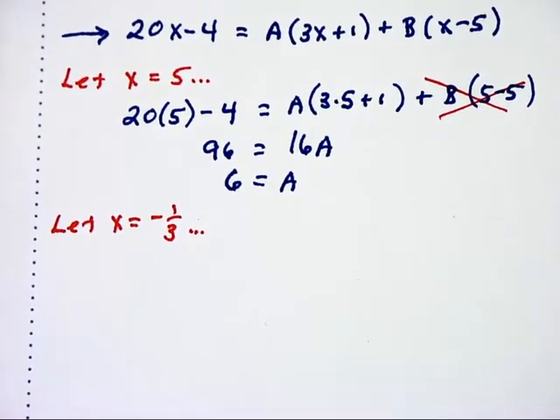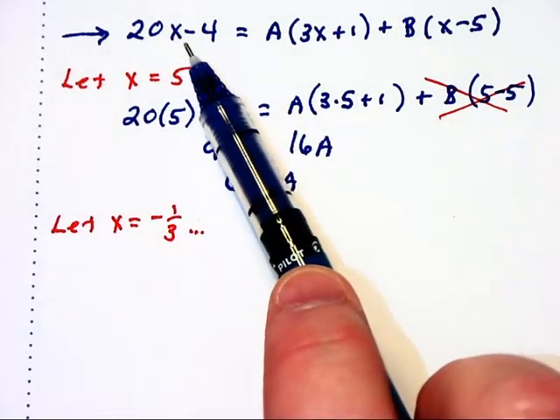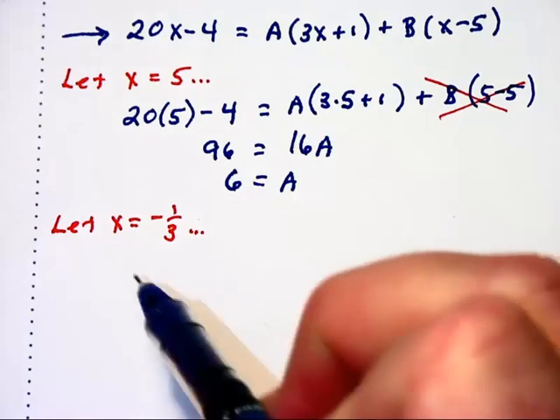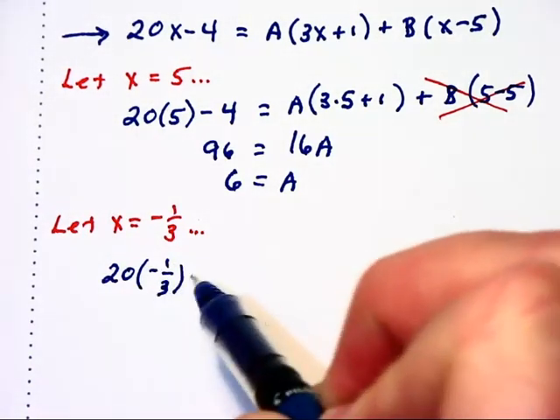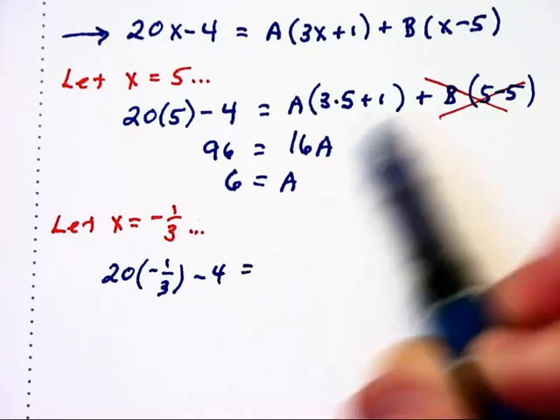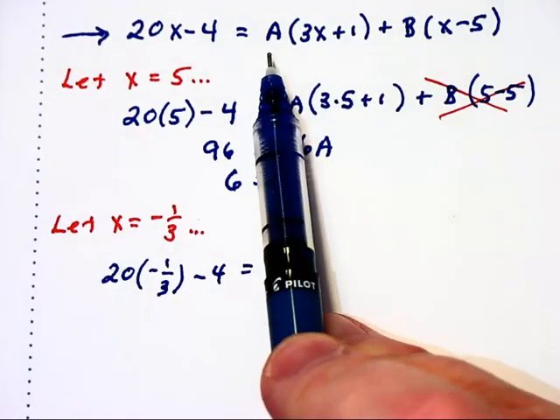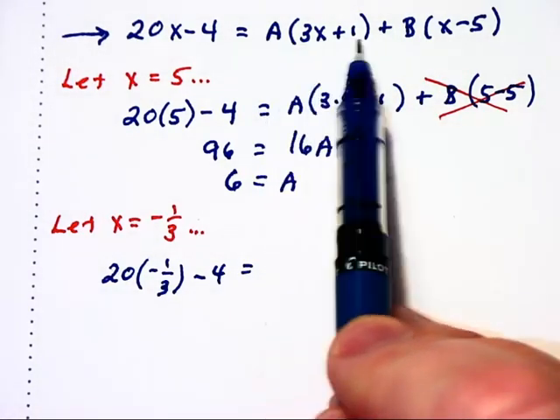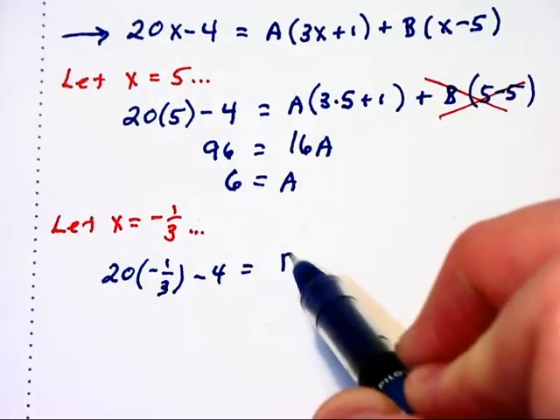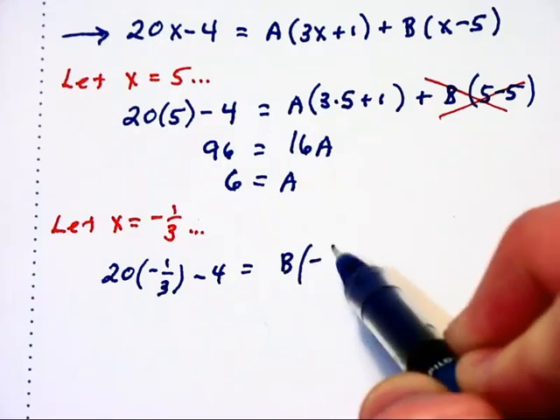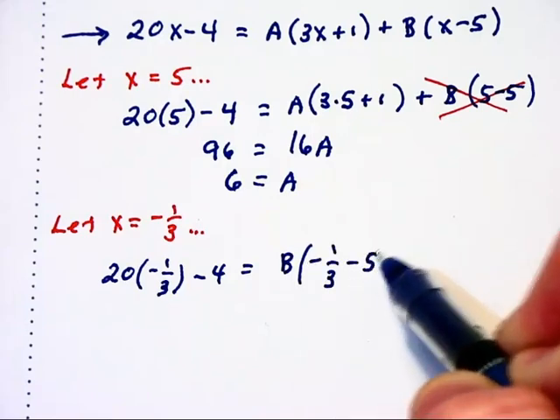And we're going to substitute negative 1/3 in for x on this equation. We will have 20 times negative 1/3 minus 4 equals. Now, A times this (3x plus 1) is just going to cancel out and become 0, so I won't even write it. So plus B times (negative 1/3 minus 5).